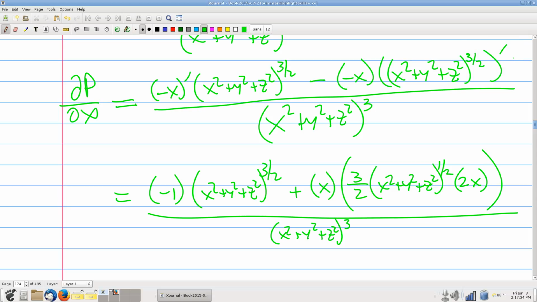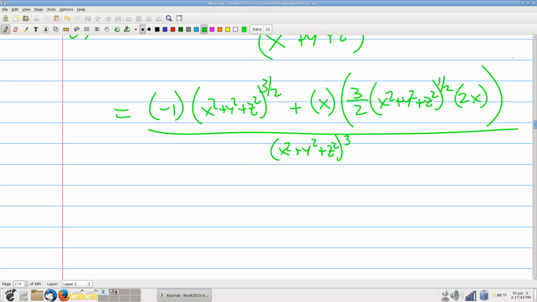Is everybody happy with that? Cool. So let's rewrite this a little bit. There is a common factor in the numerator.